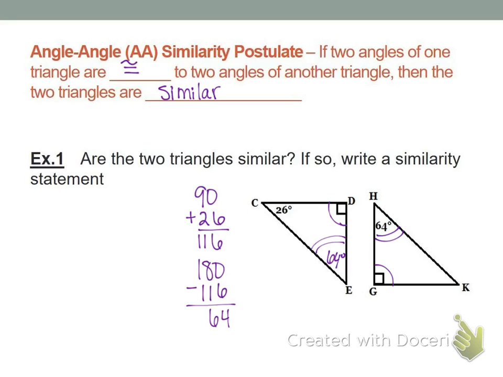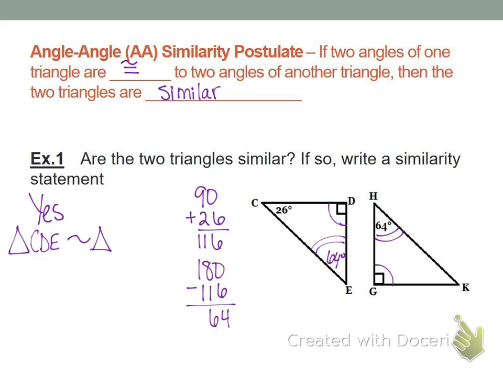So, are the two triangles similar? Yes, they are. We need to write a similarity statement. Remember, when we write a similarity statement, you can name the first triangle however you want. So how do you want to name the first one? CDE works for me. And when we name the second one, we have to be consistent.